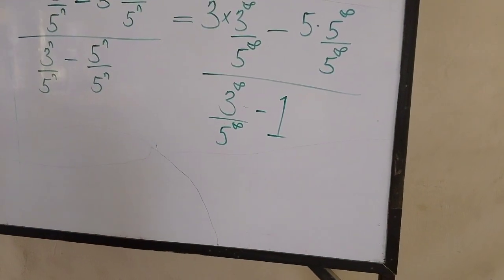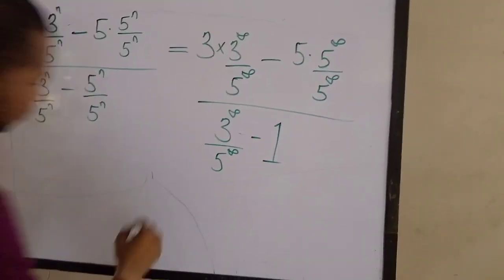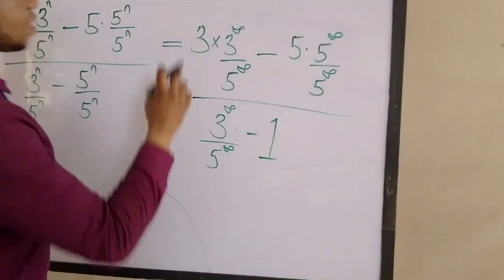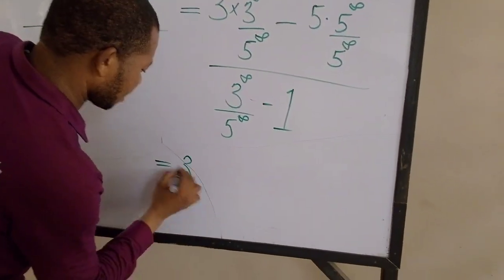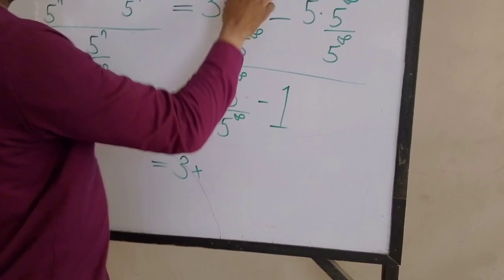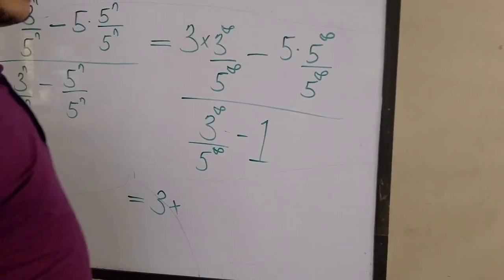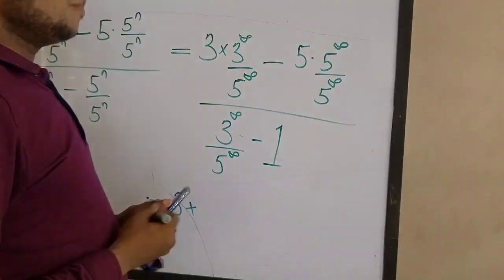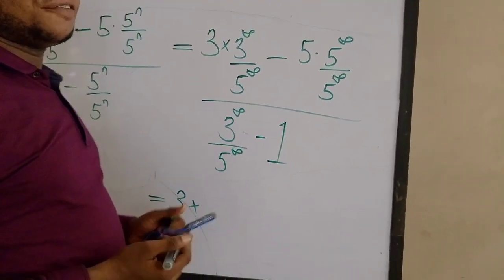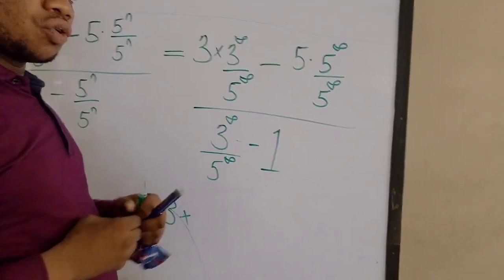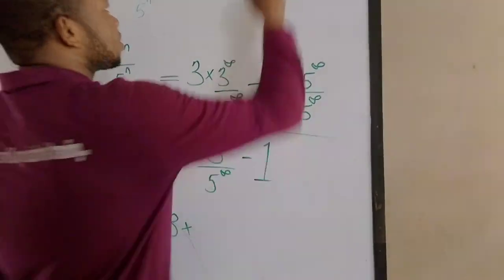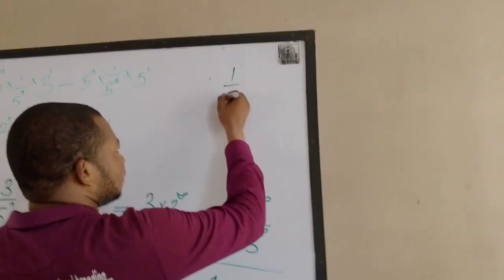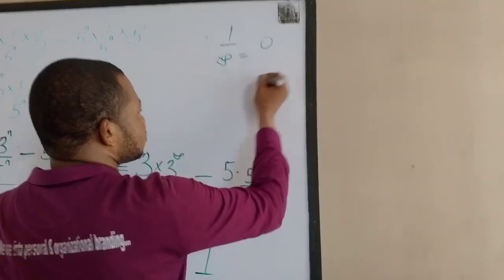Now, having established this fact, this is 3 times 3 raised to power infinity. A number raised to infinity, the result is always 0. Even if a number is divided by infinity, the result is also 0. Let's say 1 over infinity, the answer is 0.